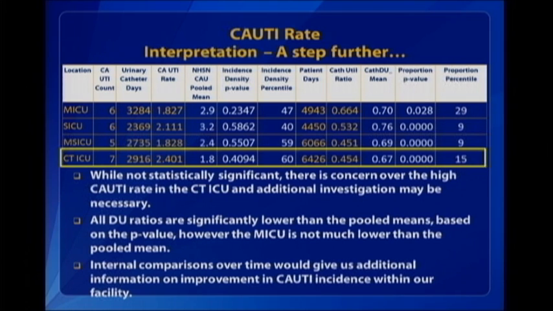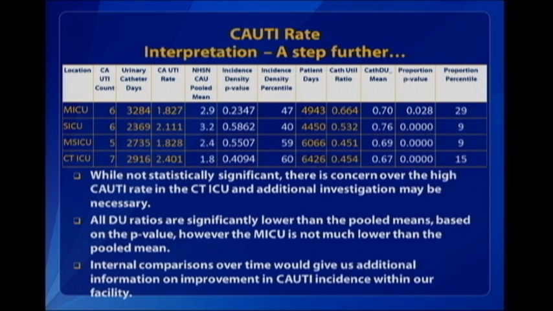All of our device utilization ratios are significantly lower than the pooled means. All of our p-values are less than 0.05. However, our medical ICU is not much lower than the pooled mean, okay? We have 0.66 compared to 0.7. So maybe we want to focus a little bit more on that unit.